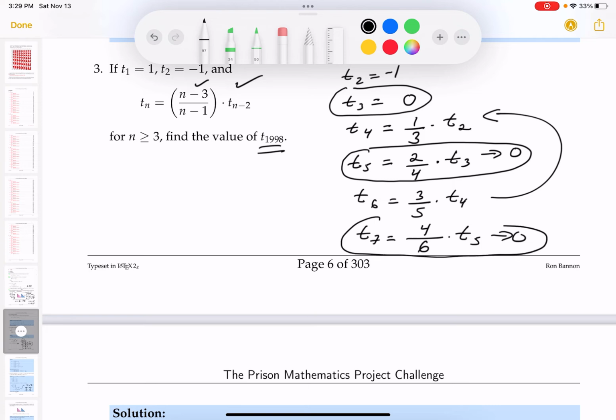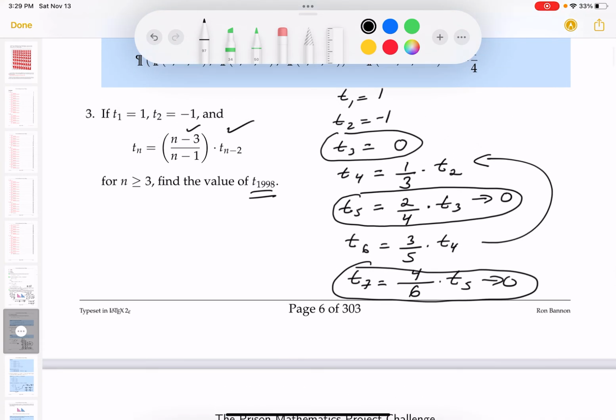So I'm pretty comfortable now that I'm looking at a pattern over here, and once I get past T1, by the way, all the odd ones are going to be 0. Why is that? They're going back to the odd ones. So really what I'm concentrating on are these even ones over here. I'm going to concentrate on the even ones. So I'm going to write down T8 now.